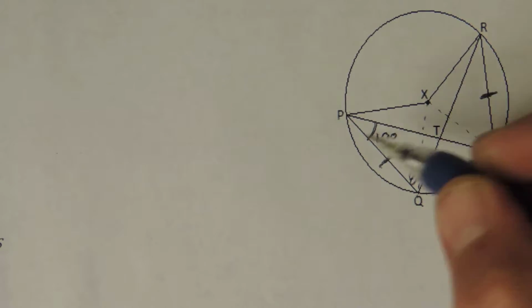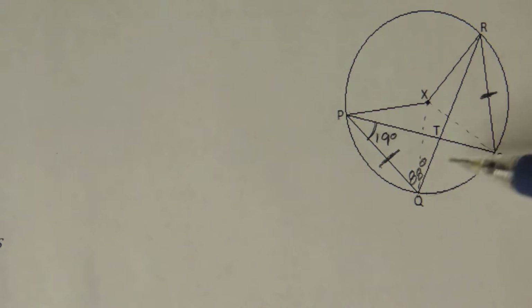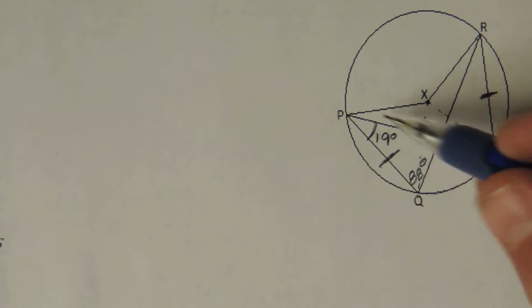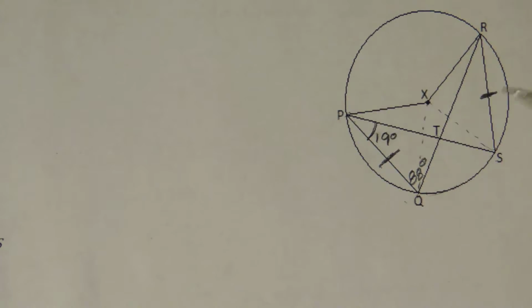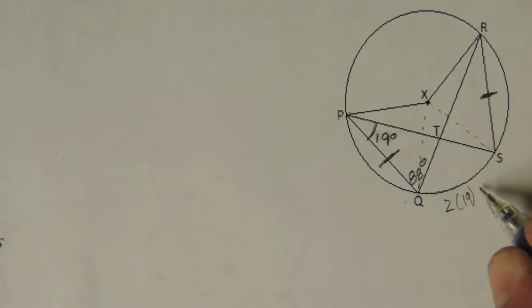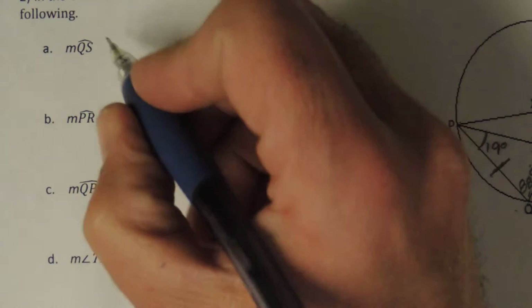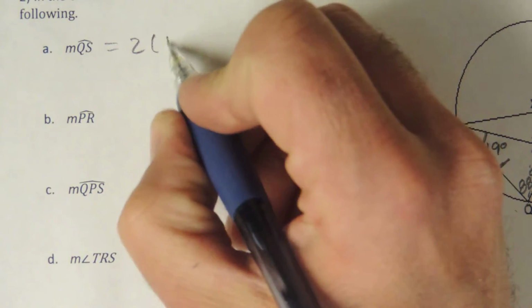My inscribed angle QPS is 19 degrees. It's the same as TPQ, same angle. So I know this arc is 2 times 19, which equals 38 degrees.